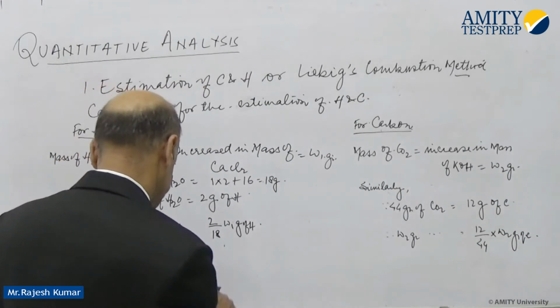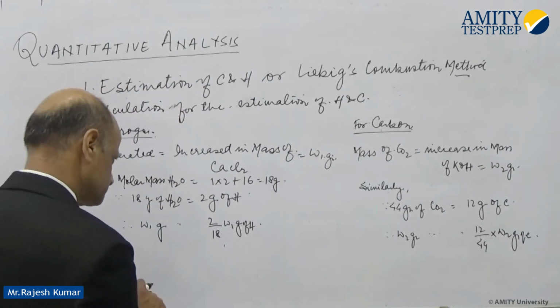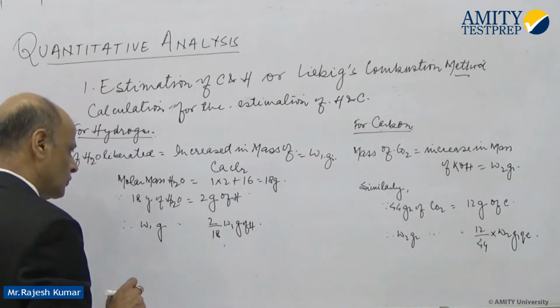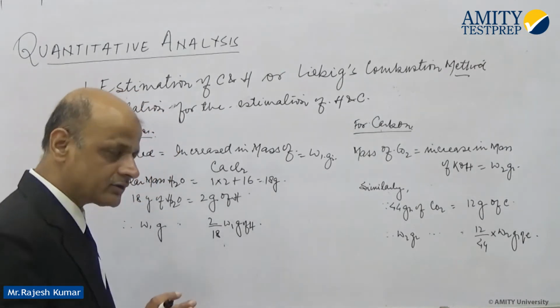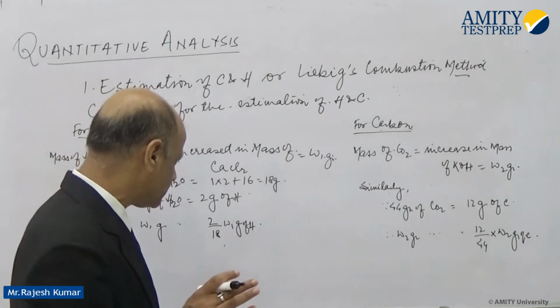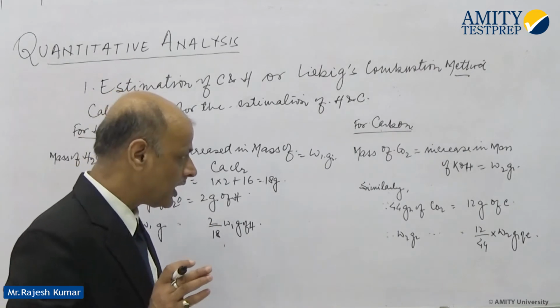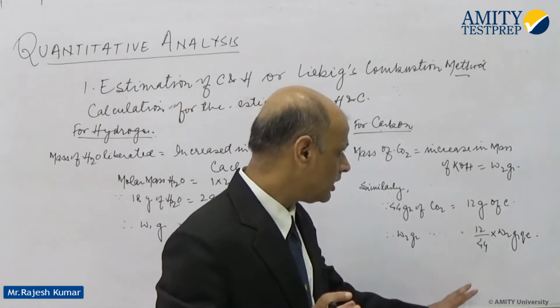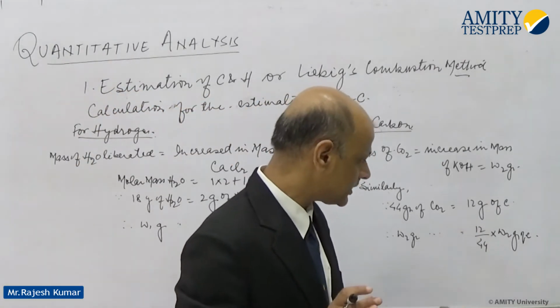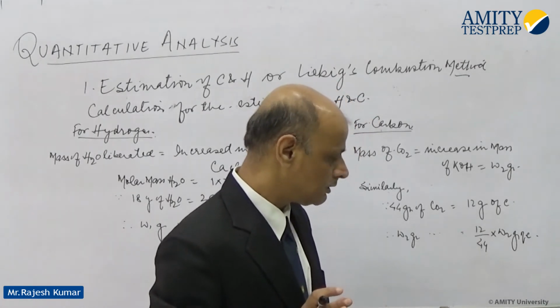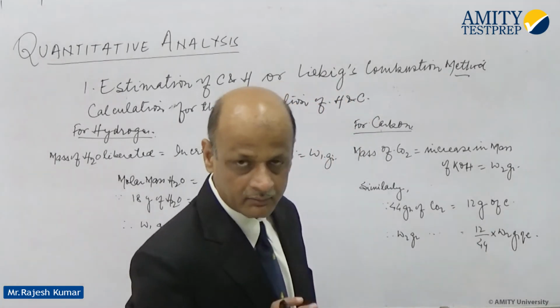So the mass of hydrogen in the H2O liberated is 2 by 18 into W1, and the mass of carbon in the CO2 liberated is 12 upon 44 into W2 gram.